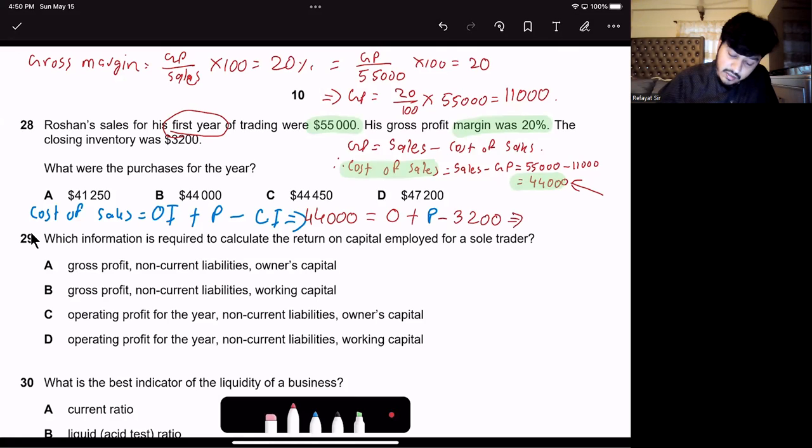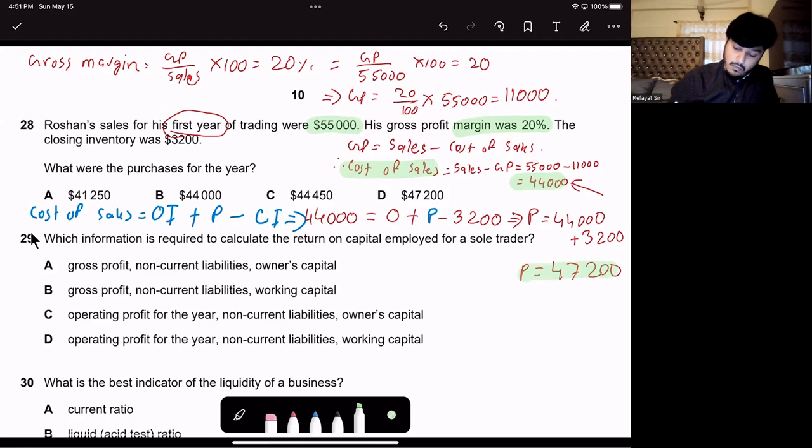Therefore, we can say purchases equal 44,000 minus 3,200. Sorry, plus 3,200. That will give you $47,200. So 28 is D.